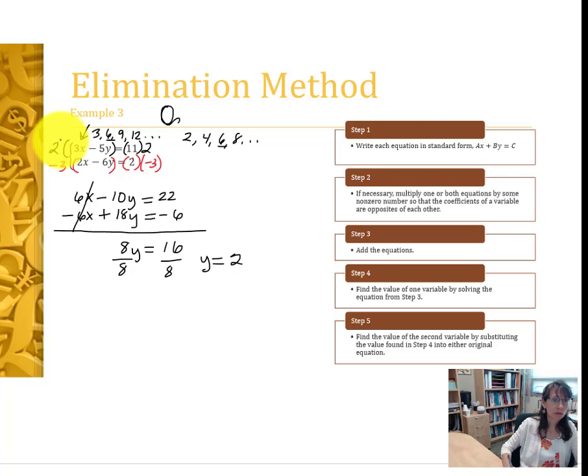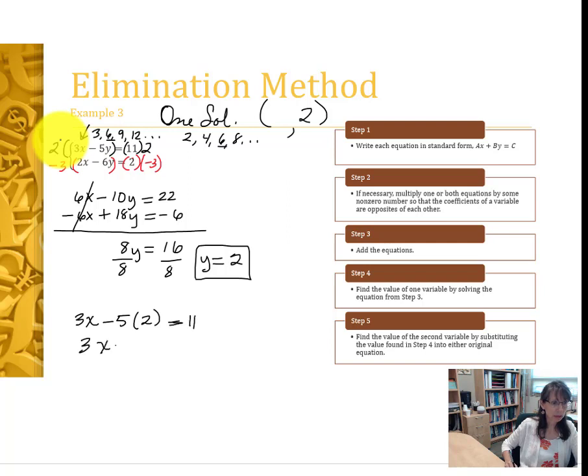So we know that we have one solution, and that solution is an ordered pair. The y value is +2. To figure out what the corresponding x value is, we're simply going to take a y value of 2 and substitute that into one of the original equations. I'll just go back to the first one. So 3 times x minus 5 times our new y value of 2 equals 11.